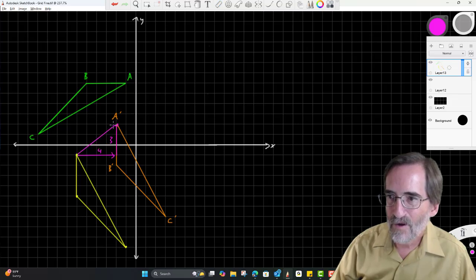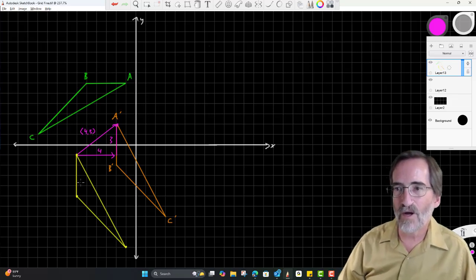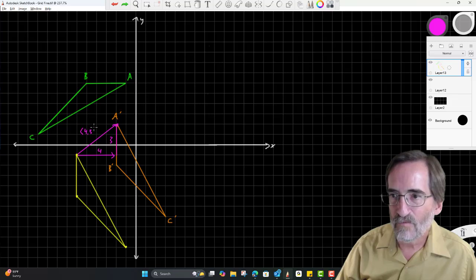So this is the vector 4, 3, and we're going to apply that vector to all the points.